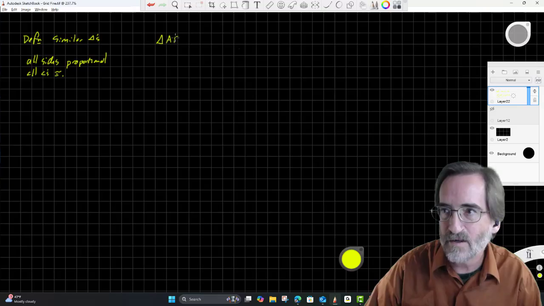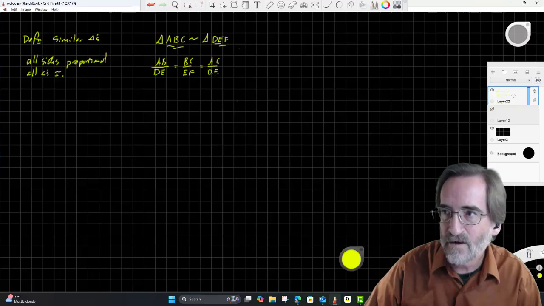Triangle ABC is similar to triangle DEF. Means that AB, the ratio of AB to DE, notice the first two, is equal to the ratio of BC to EF, second two to second two, is equal to the ratio of AC to DF, first and last, first and last.